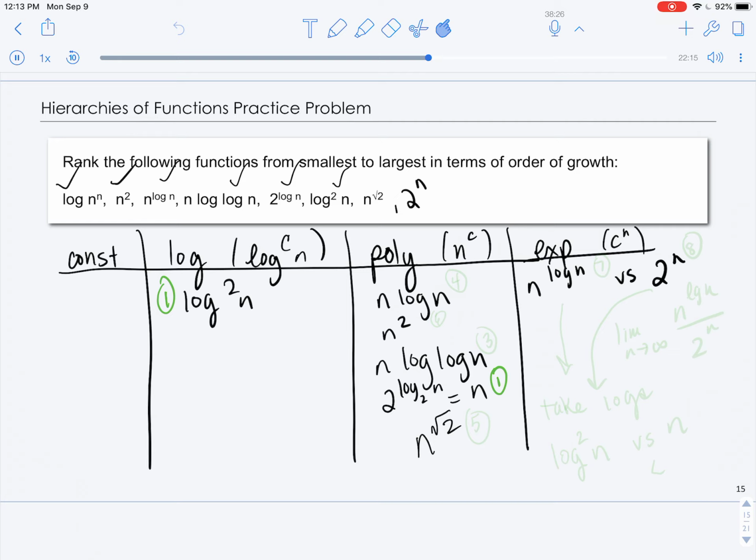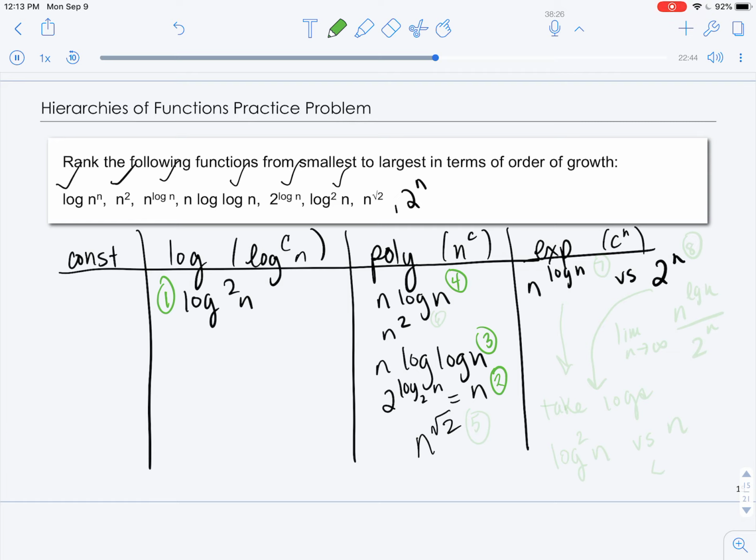So n log n is going to be smaller than n log squared n because we're taking the log of n, and n log n is just taking the log of n. So let's see, we have n log n is going to be 3. And then n log squared n is going to be 4.